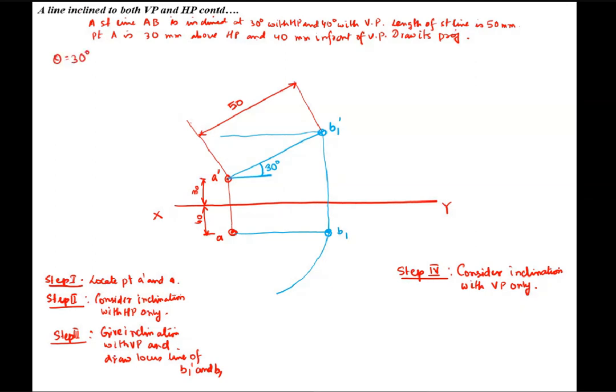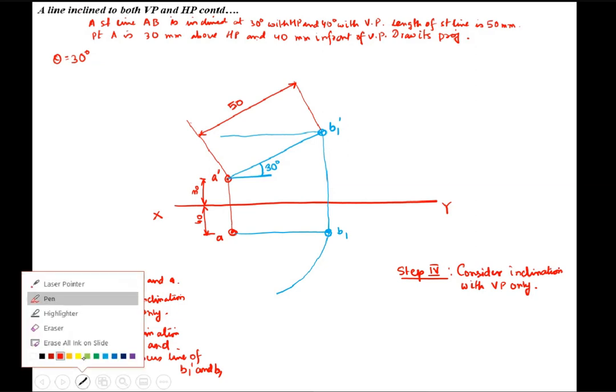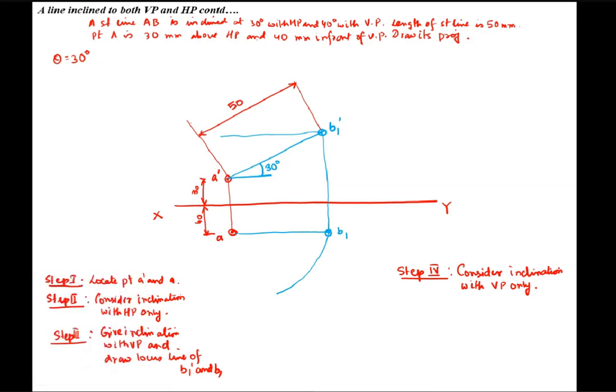Now I give inclination with VP. I consider inclination only with VP now. Then what will I get? With VP, it is inclined 40 degree. So at 40 degree, I draw a line like this. This is 40 degree, and I locate, say, this is B2.